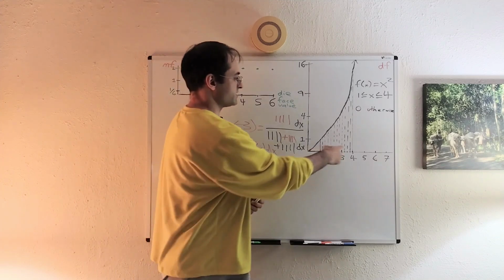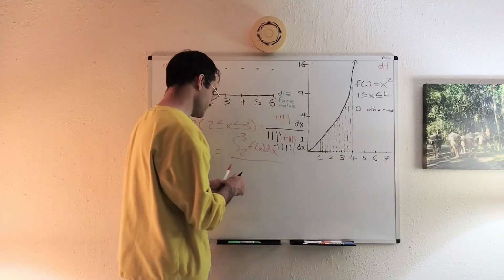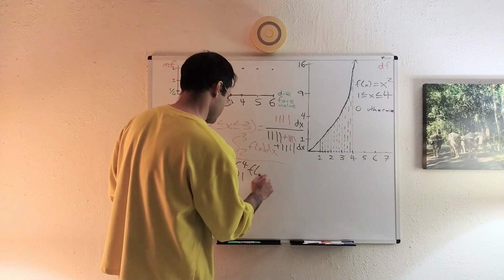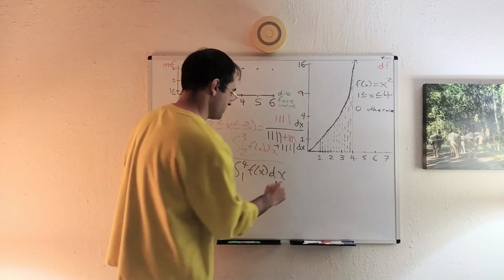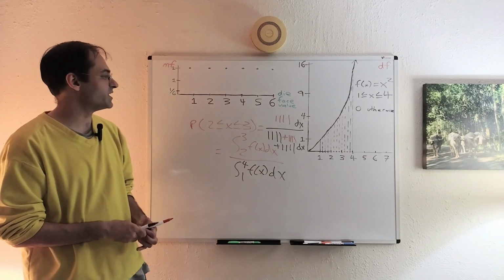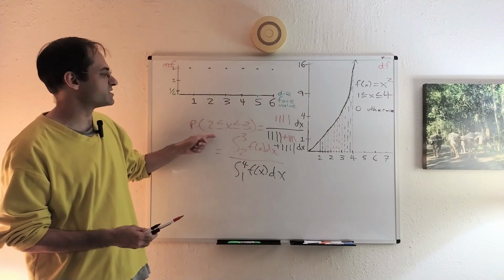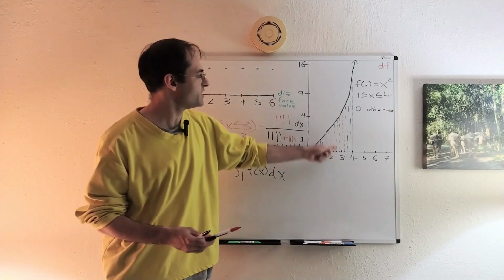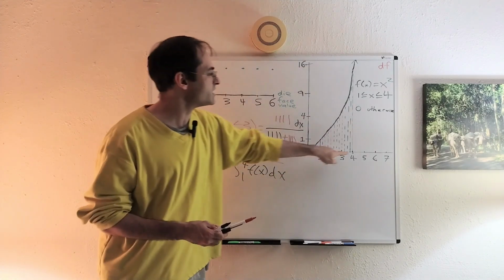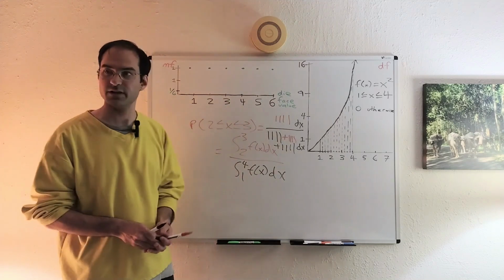So altogether, that's the integral from 4 to 1. And it would just give us that. And now we've calculated the probability that x is in between 2 and 3 because we've taken all the frequency values, summed them all up, and divided by the total number in the sample, if you will.